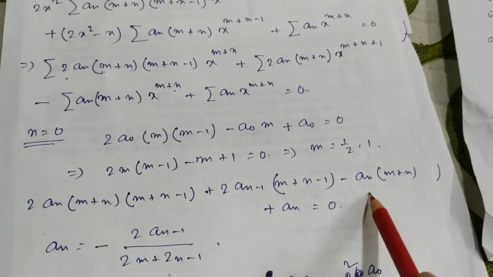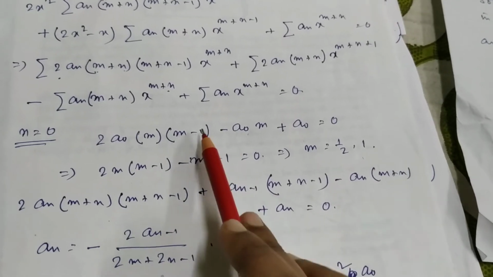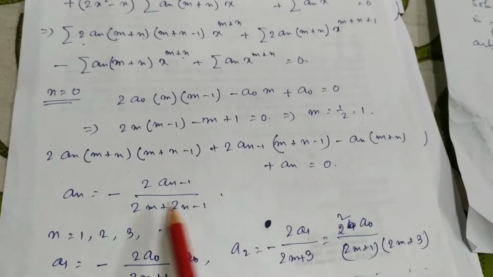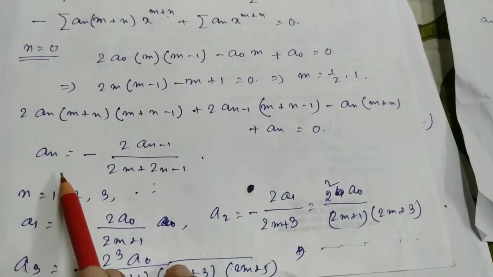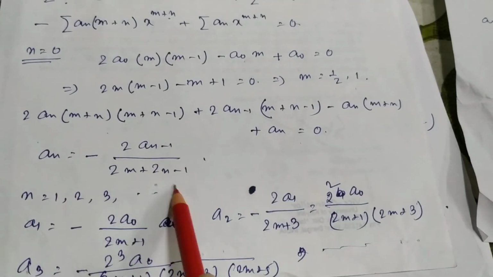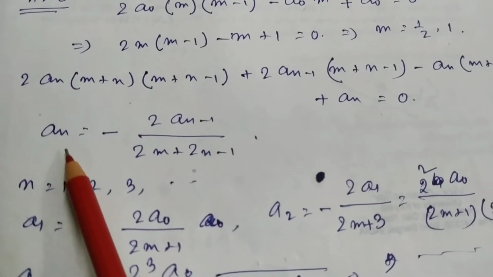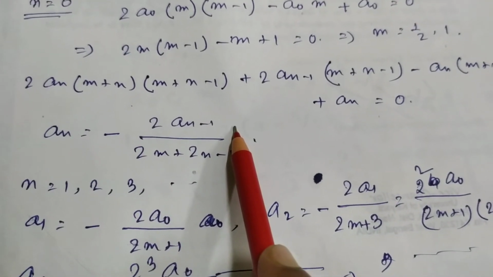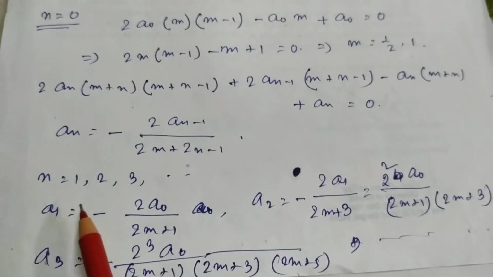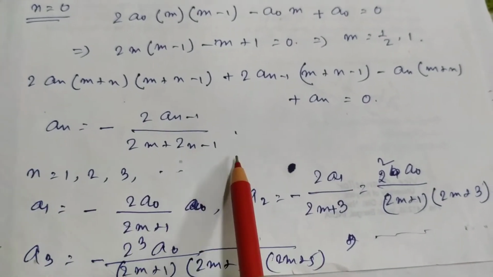Here that is minus an into m plus n. Simplifying this, we will get an equal to this. This is the recurrence relation. Here the relation is in between an and an minus 1. Now let us put n equal to 1, 2, 3 up to infinity.